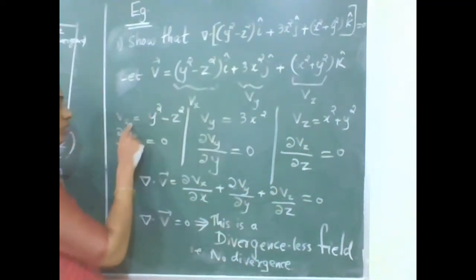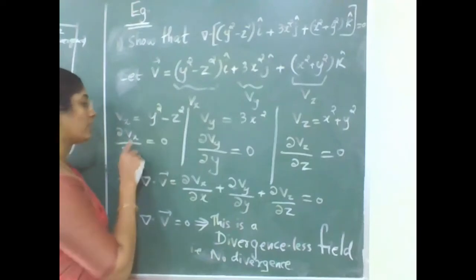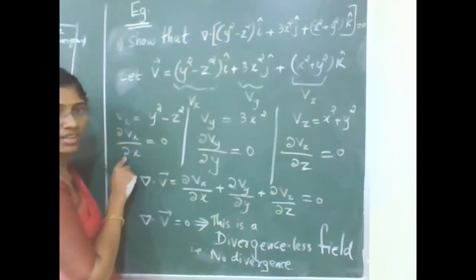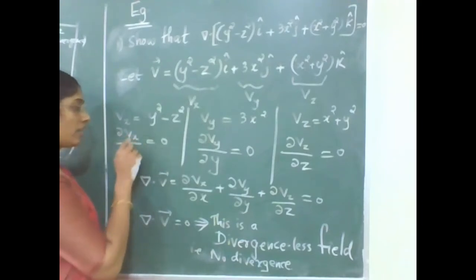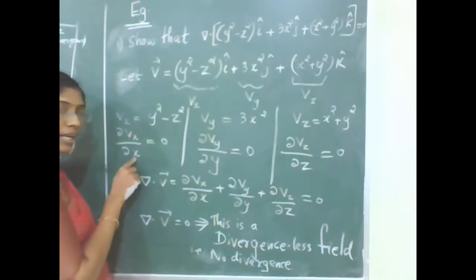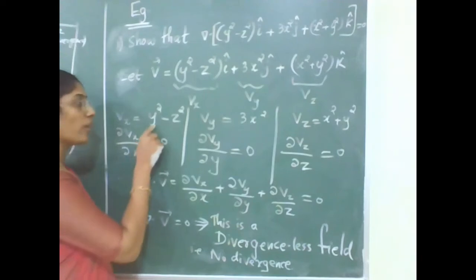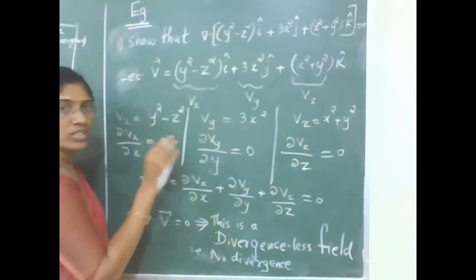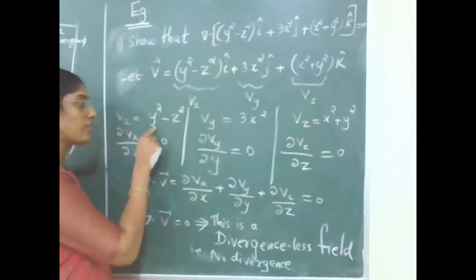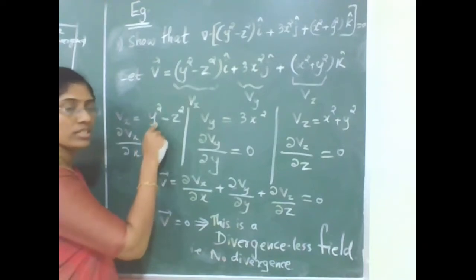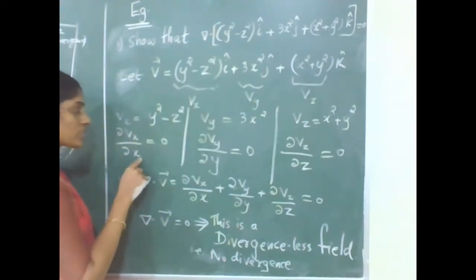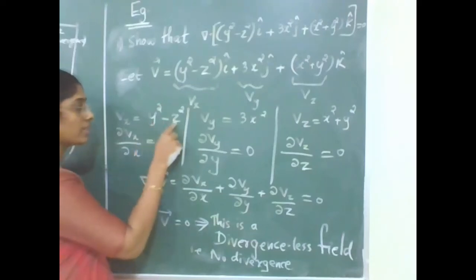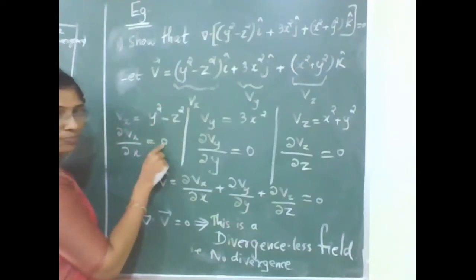First we calculate dou Vx by dou x. Here we are taking partial differentiation. In the partial derivative case, if we differentiate with respect to x, then y and z are constants. We learned that the derivative of a constant term is 0. So by taking the partial derivative with respect to x, we can say that the derivative of Vx is 0.